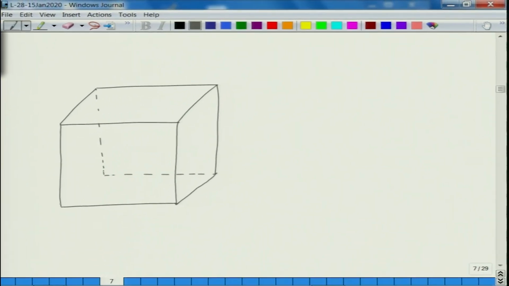Okay, let us draw an intermediate plane first. This intermediate plane, let us say, is this. This is a plane. On this plane we have a line.